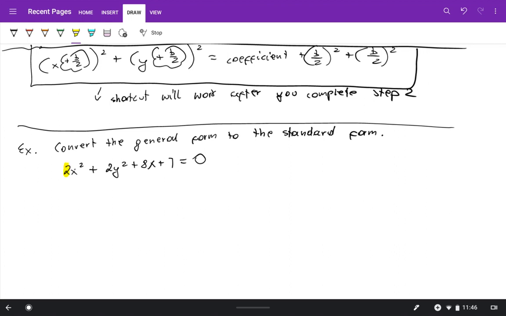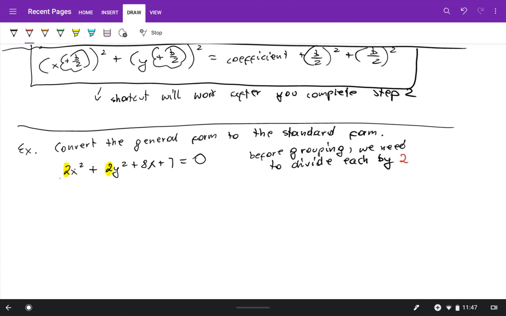So this problem is a little different because look what happened. You have a coefficient in front of x squared and in front of y squared. So before grouping, in this case, we need to divide each by 2 to get that x squared and y squared by itself without a coefficient.